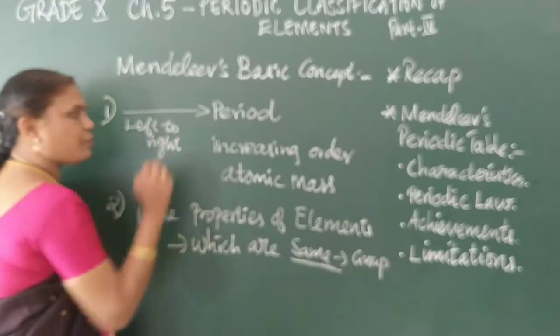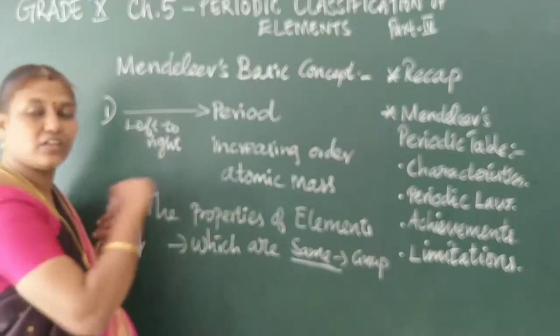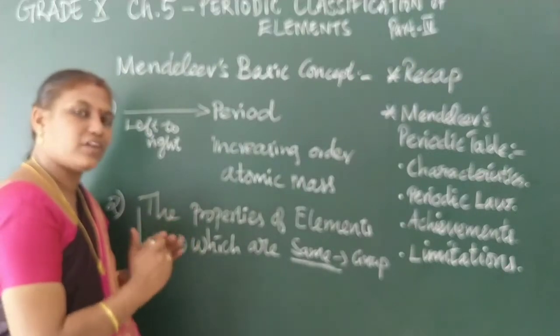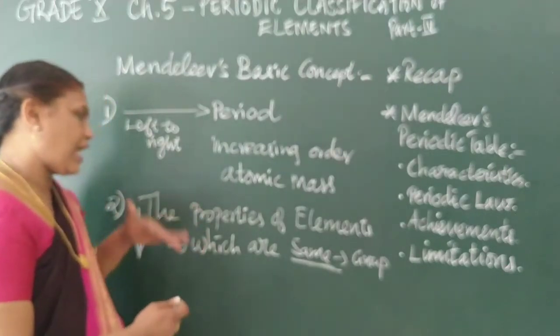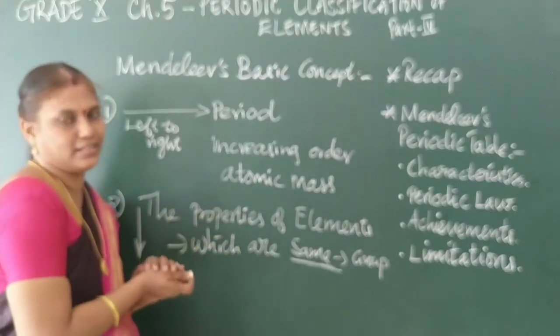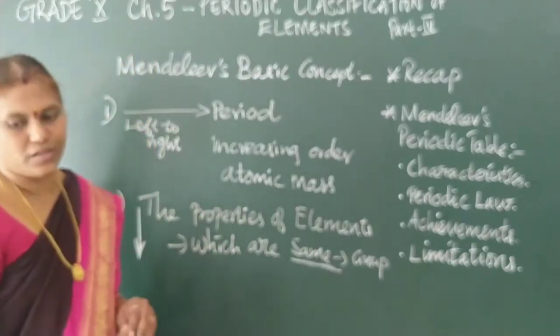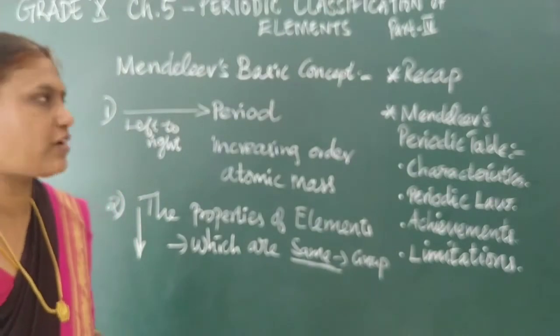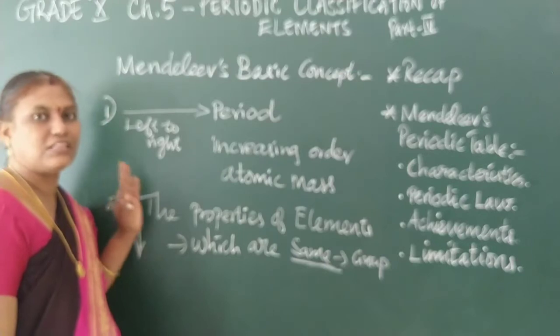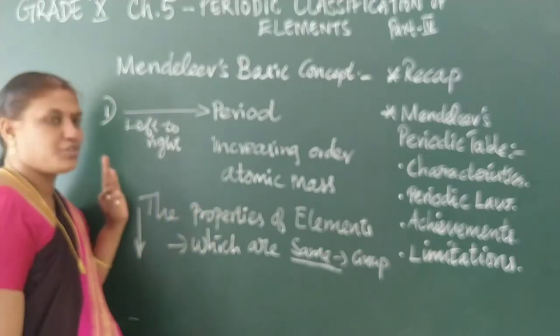So those are the two main things. One is the increasing order of atomic mass: he has arranged the elements in the increasing order of atomic mass. And the second one is that the properties of elements are grouped together from top to bottom. This is the basic criteria. So what is the first one? He has arranged the elements in the increasing order from left to right.